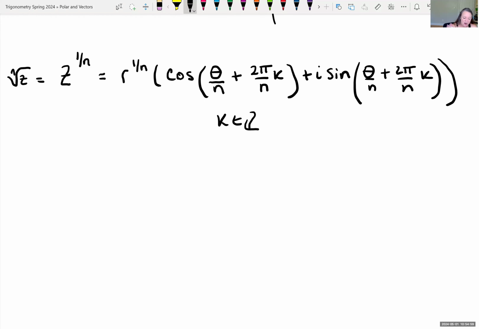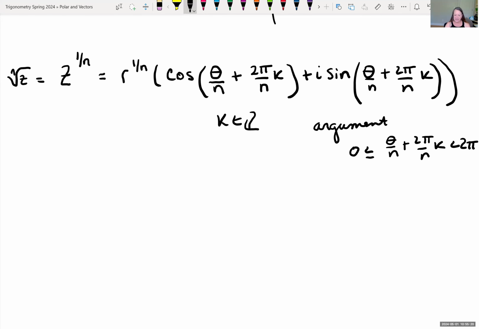And we want our argument, which in this case is theta over n plus 2 pi over n times k, to be between 0 and 2 pi.